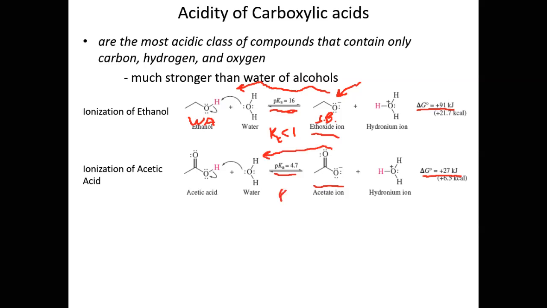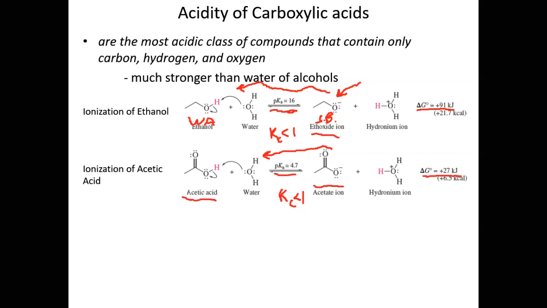But it's easier to ionize acetic acid versus ethanol. And why is that? Since acetic acid is a stronger acid than ethanol, acetate is a weaker base than ethoxide.